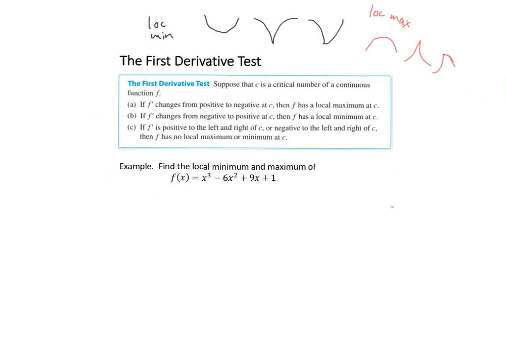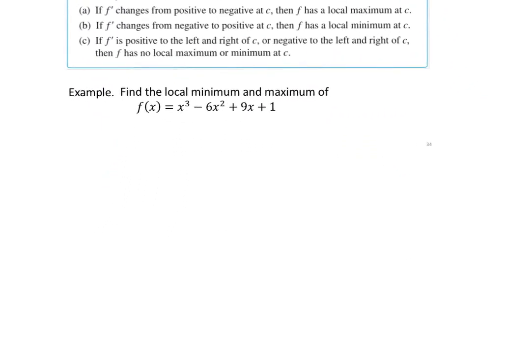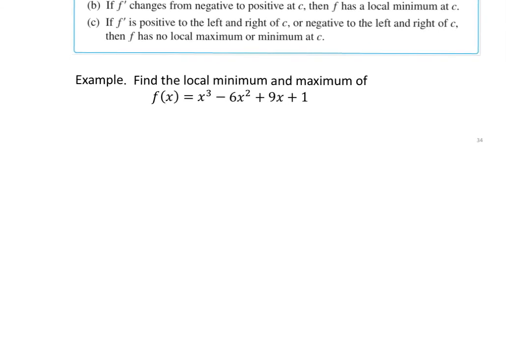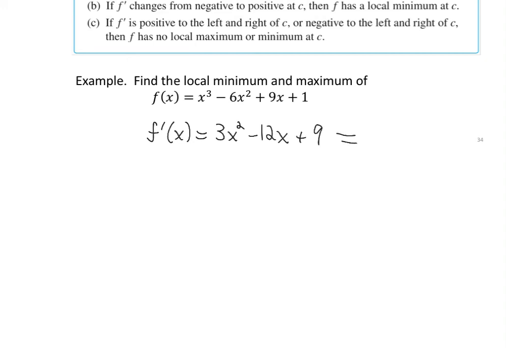So let's see with an example how we can find the local min and local max of this function we just looked at earlier. We already calculated the derivative of this function. And again, we want to see where the derivative is changing sign.